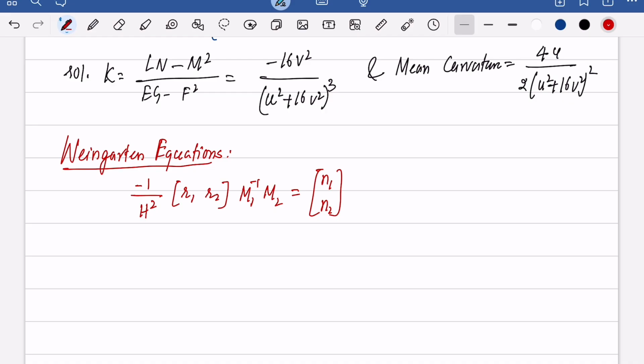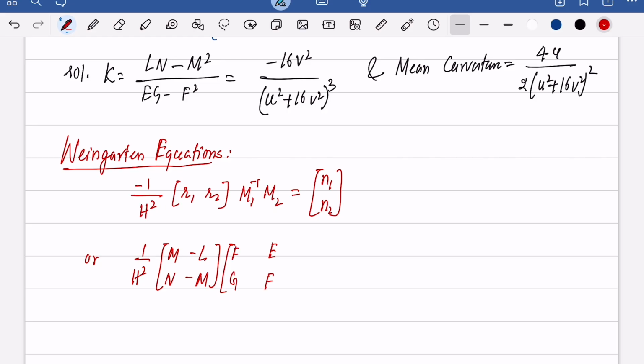We can also write this as 1 divided by h square into this matrix M minus L, N minus M, which we can better write in this way. We can write L, M, M, N, and then put minus here. Then multiply this with the matrix of the first order fundamental magnitudes E, F, F, G, and write minus for these two, and multiply this with a row vector R1, R2. This is also equal to N1, N2.